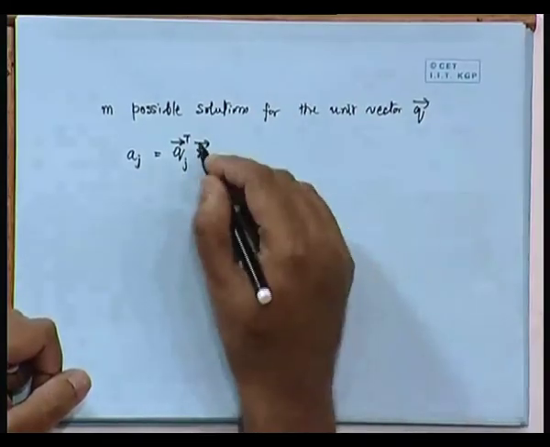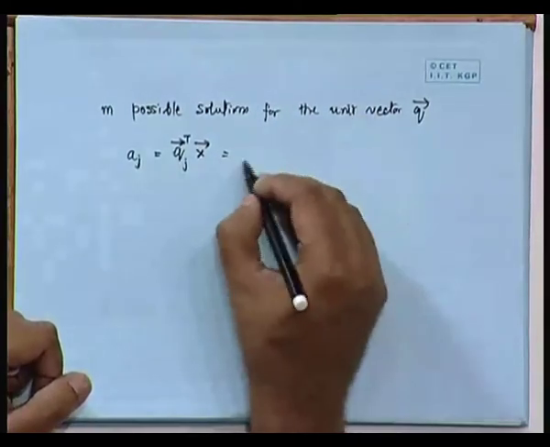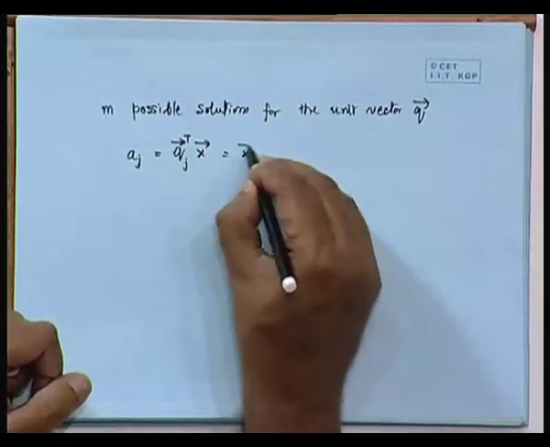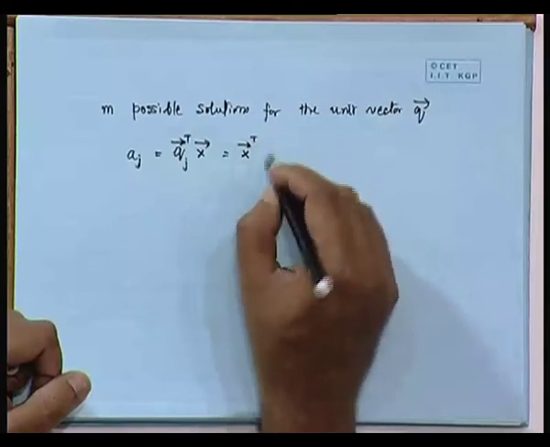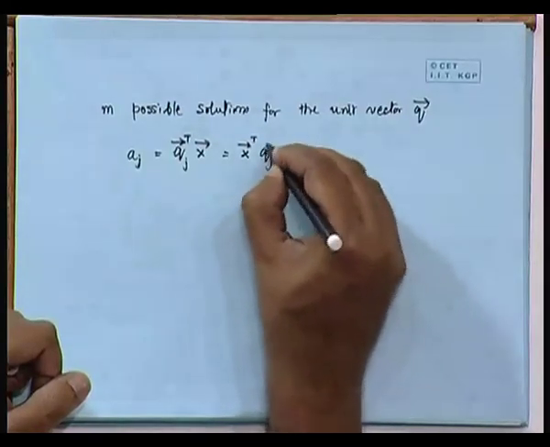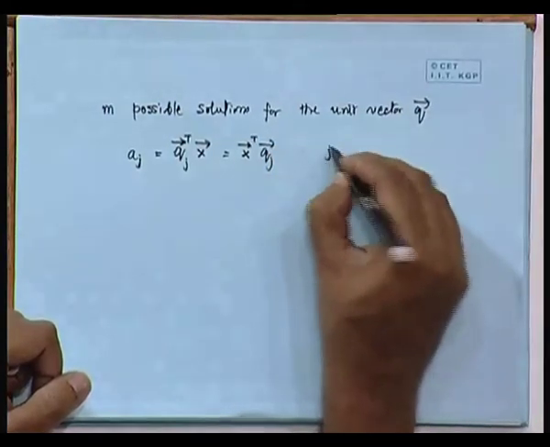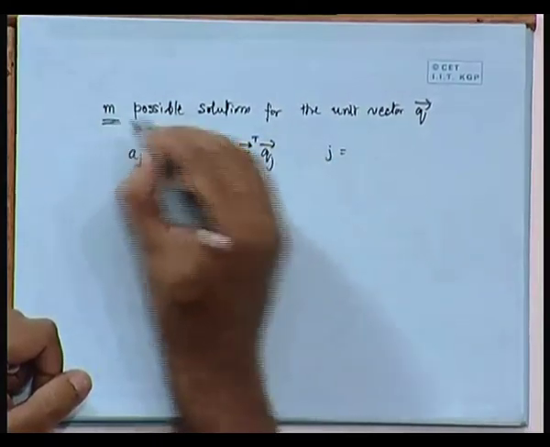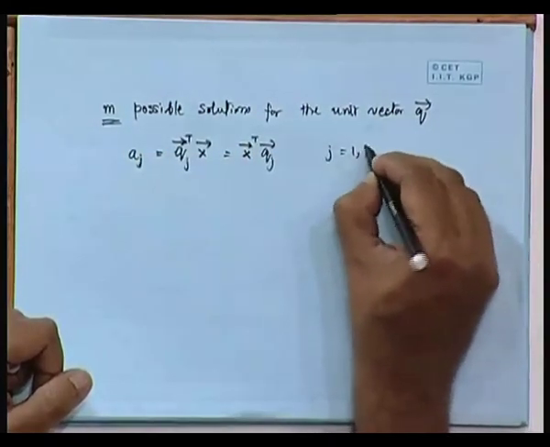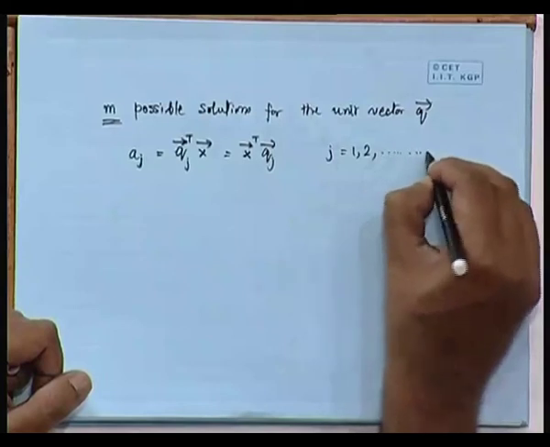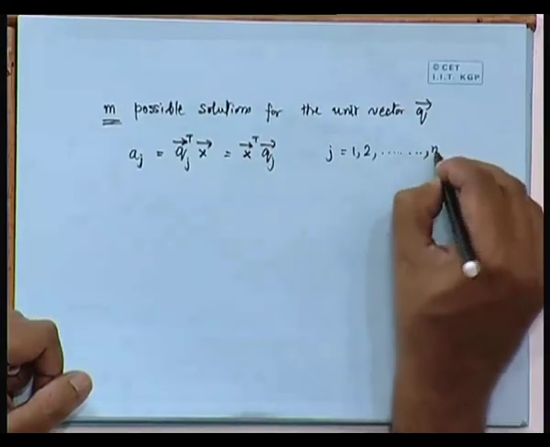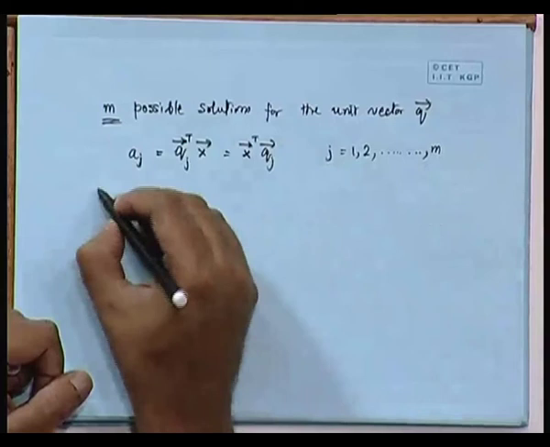This can also be represented as x transpose qj, one and the same way of writing. Since there are m possible solutions, we do this for j equal to 1 to m, where the Aj's are the projections.